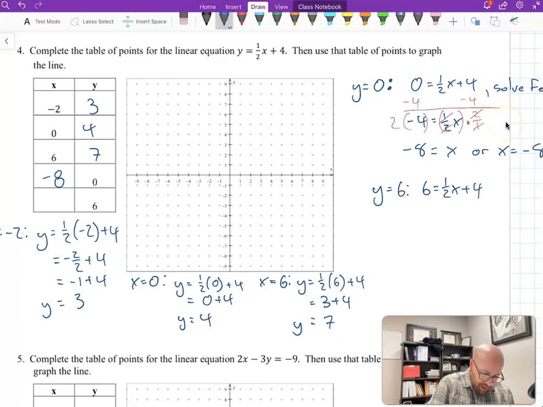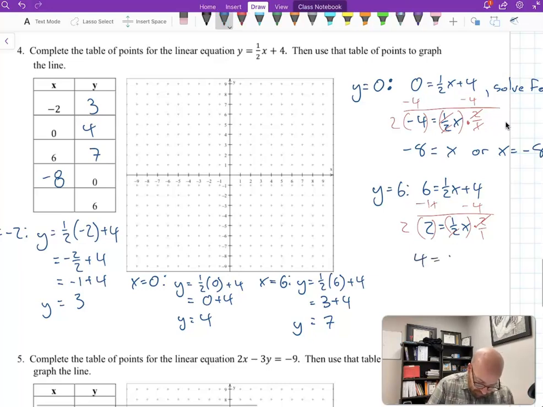So we'll start off by subtracting 4 on both sides. That gives us 2 is equal to 1/2 x. We'll multiply both sides by 2 over 1, or 2. So my fractions go away, and I'm left with 4 is equal to x, or x is equal to 4.